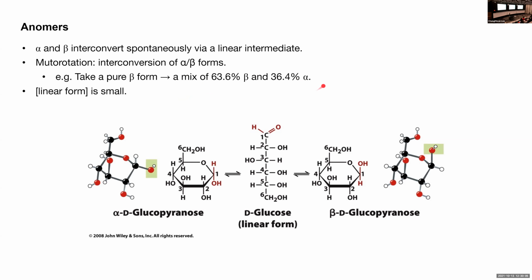This is an example of glucose, actually, which I forgot to write down here. And the concentration of the linear form, which is an intermediate, is really tiny. How come? In most cases, you're going to have either the alpha anomeric form or the beta anomeric form, but only a little chance to have this linear form. Why? Can anyone make a speculation?